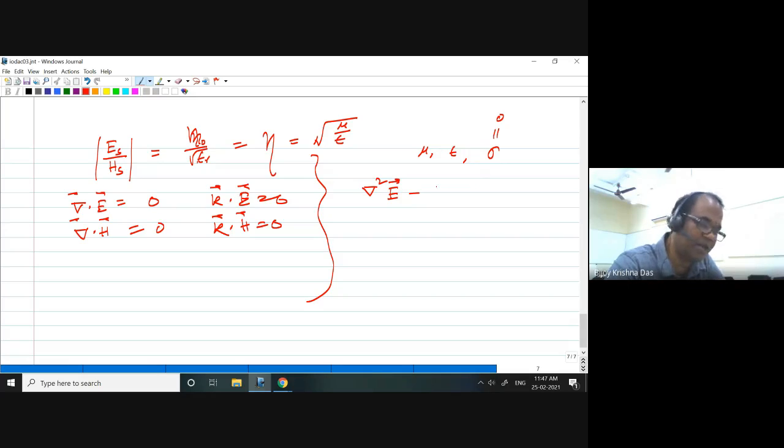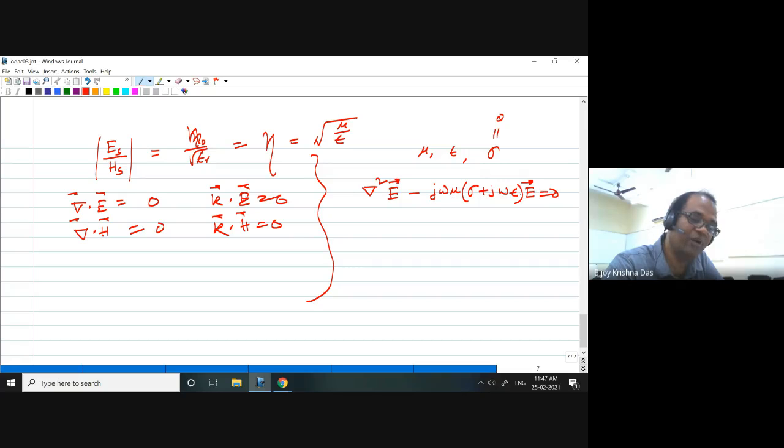I am not starting from the beginning, directly from Maxwell's equations you will get it. I am just writing the result: j omega mu times (sigma plus j omega epsilon), sigma is coming now, multiplied by E equal to 0. You just remember, if you put sigma equal to 0, you get your original equation.